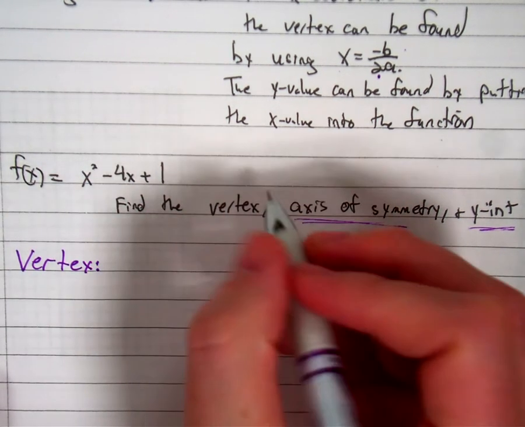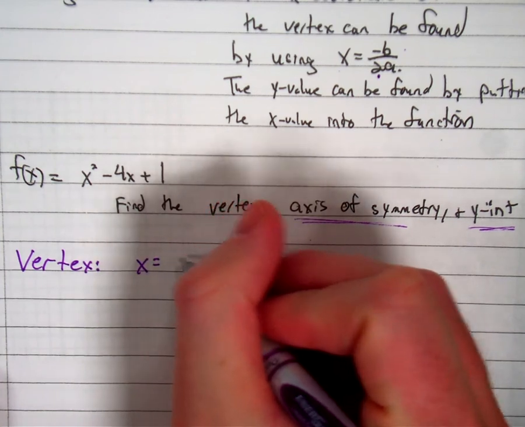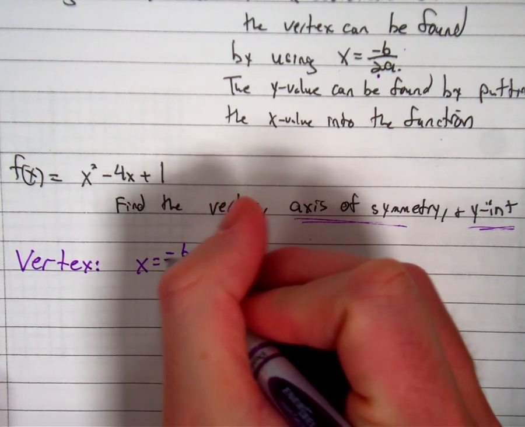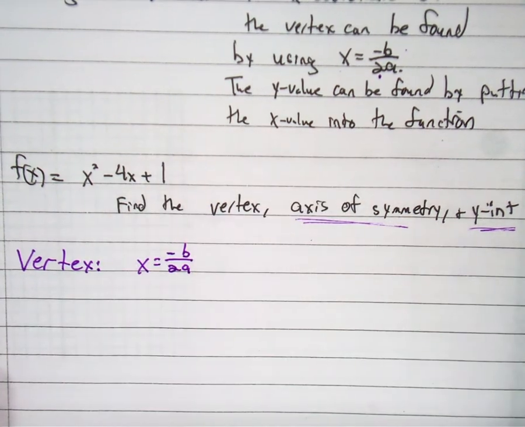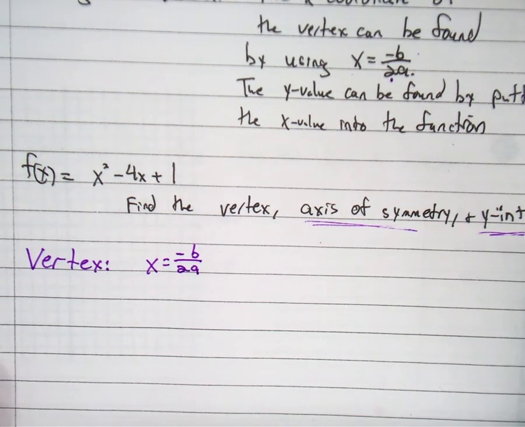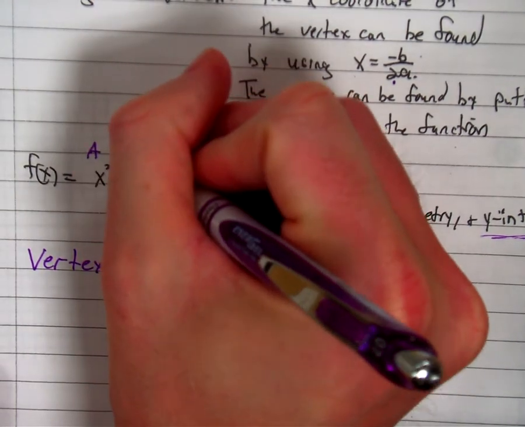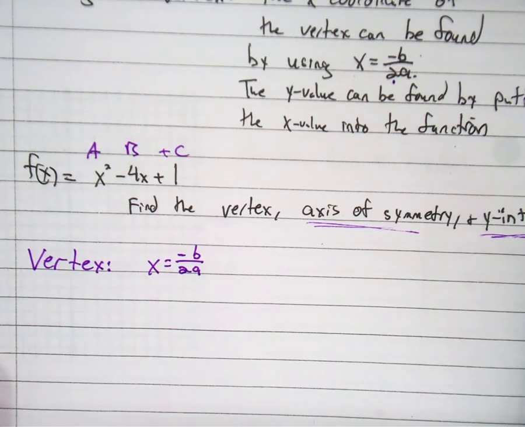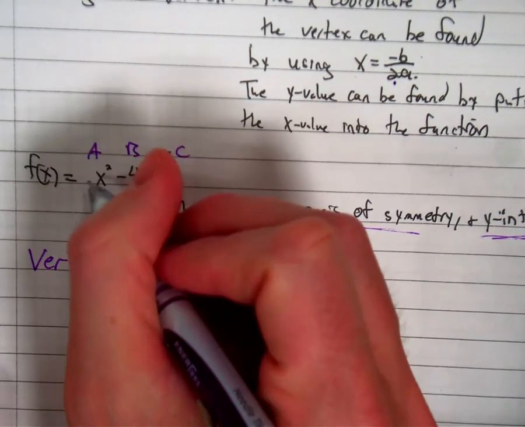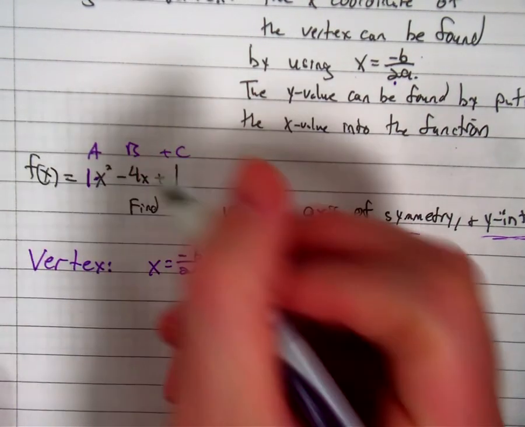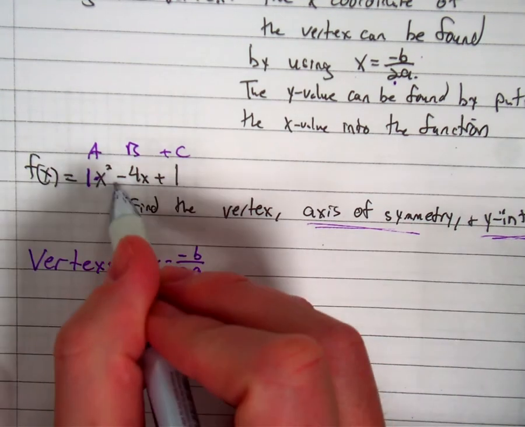We use x equals negative b over 2 times a. So we need to know what our b and our a are. Well, here it is, ax squared plus bx plus c. So my a is actually a 1, and my b is negative 4.